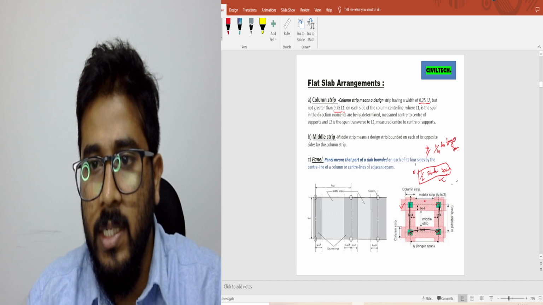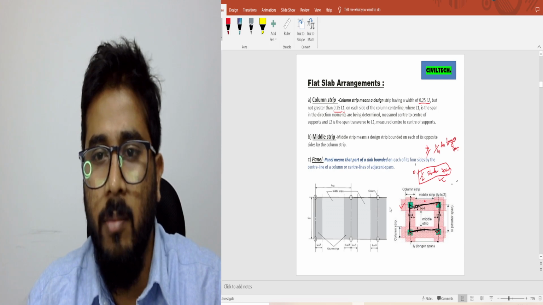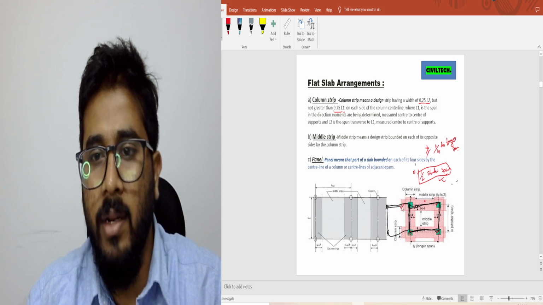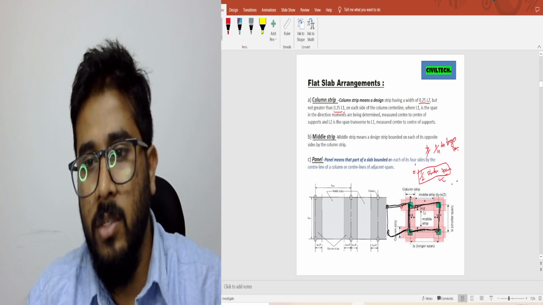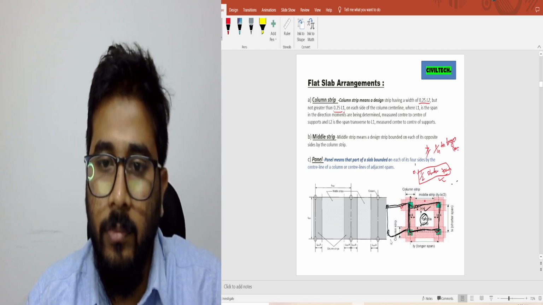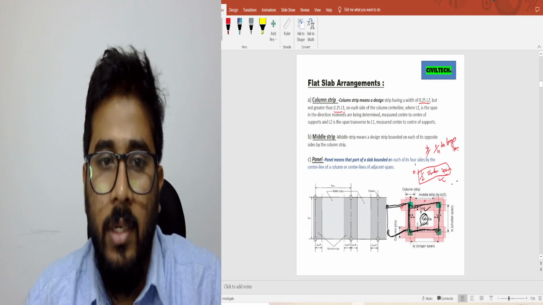Here the panel is center line to center line. I'm taking this as the panel. Okay, this is one panel. If there is another column, there is another panel. So that is the panel, that is the column strip, and this portion is the middle strip. Okay, I hope you understood.